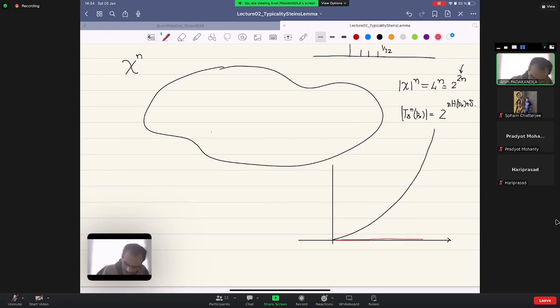So your T delta n of Px is here, and it has 1 minus epsilon probability. You can choose your epsilon as small as you want, astronomically small, 10 to the power minus 700 maybe.